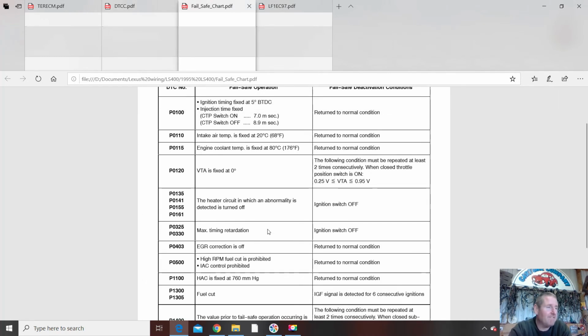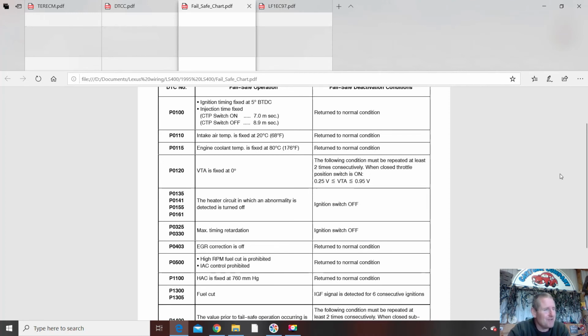And what will happen in failsafe is you'll get max timing retardation. You're going to have no power. It's going to reduce your power if you don't have your knock sensors operating correctly. Deactivation, switch ignition off. I think that stops the car from running when it's switched off, so there's no more fault. You probably should repair that condition because it's not going to make the power that it should.